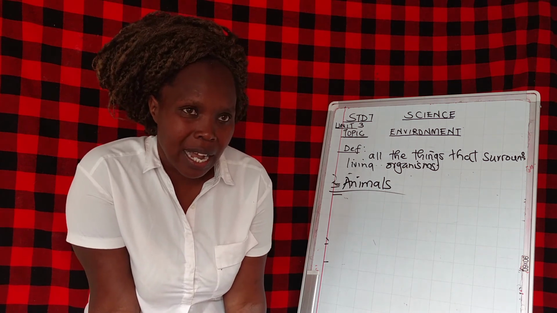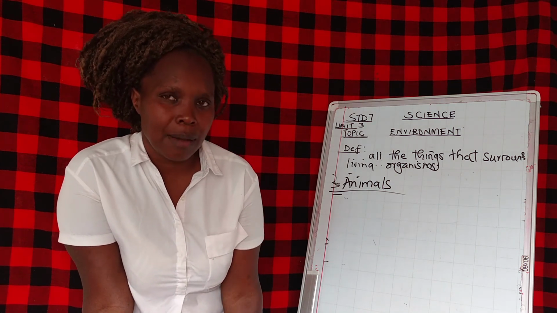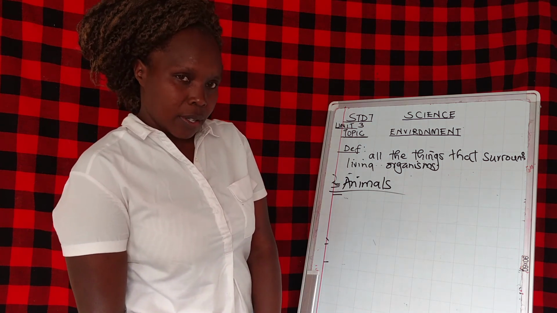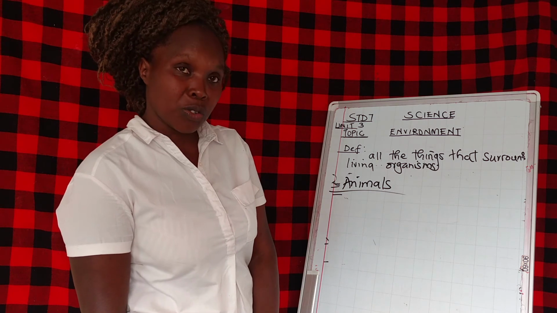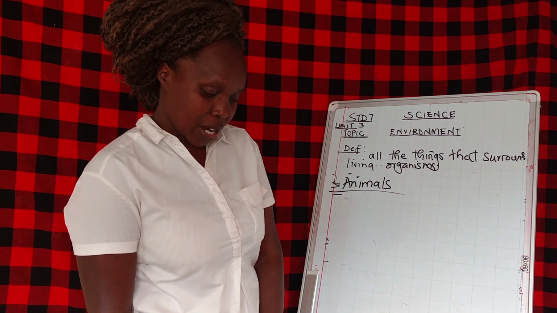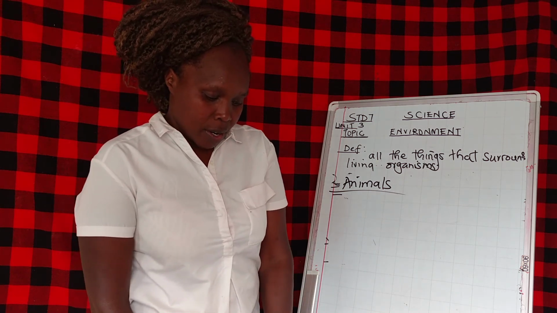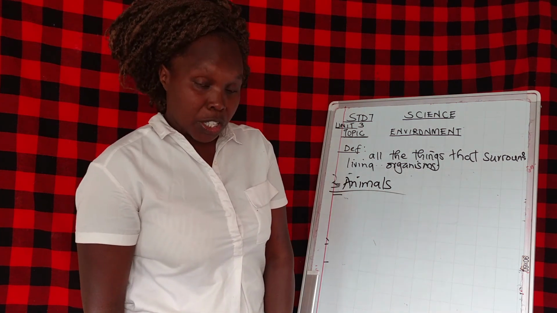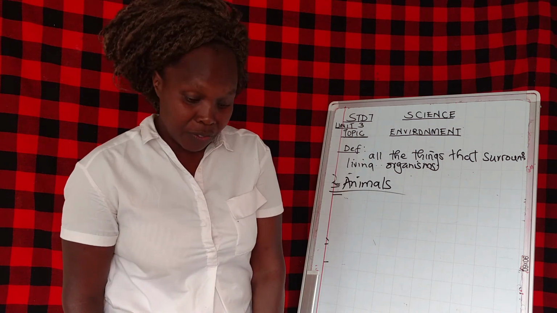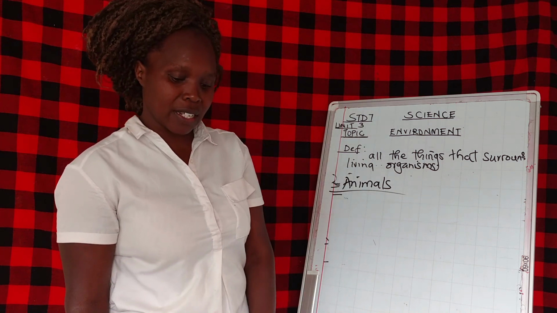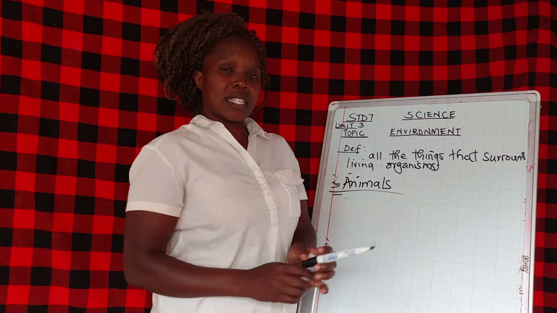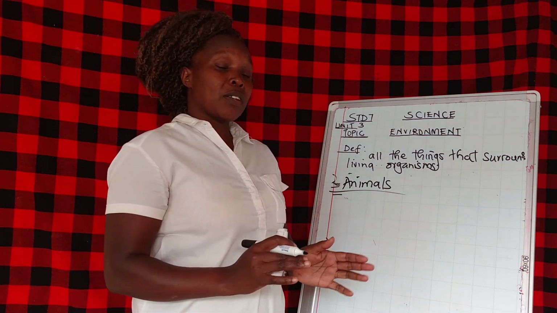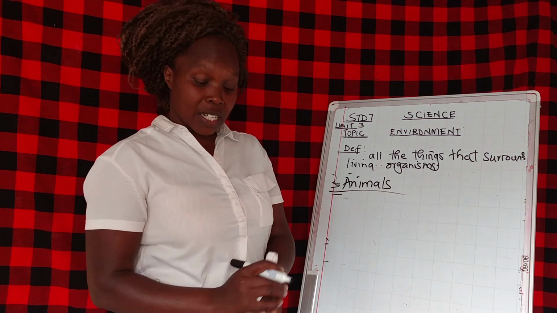Most of the domestic animals, for example cows, goats, sheep, their waste is used as manure in our farms. The animals give out carbon dioxide, which is used by plants during photosynthesis. So we have seen that all these major components of the environment depend on each other in different ways.